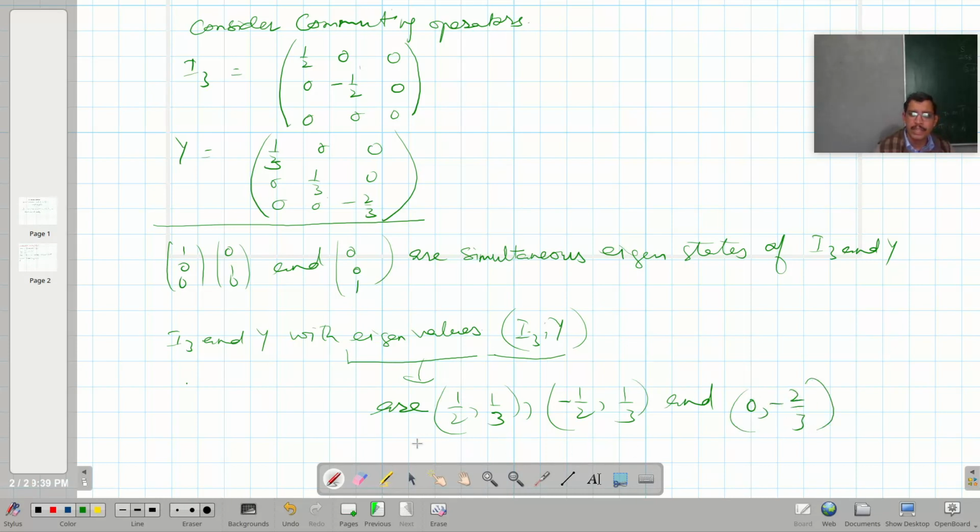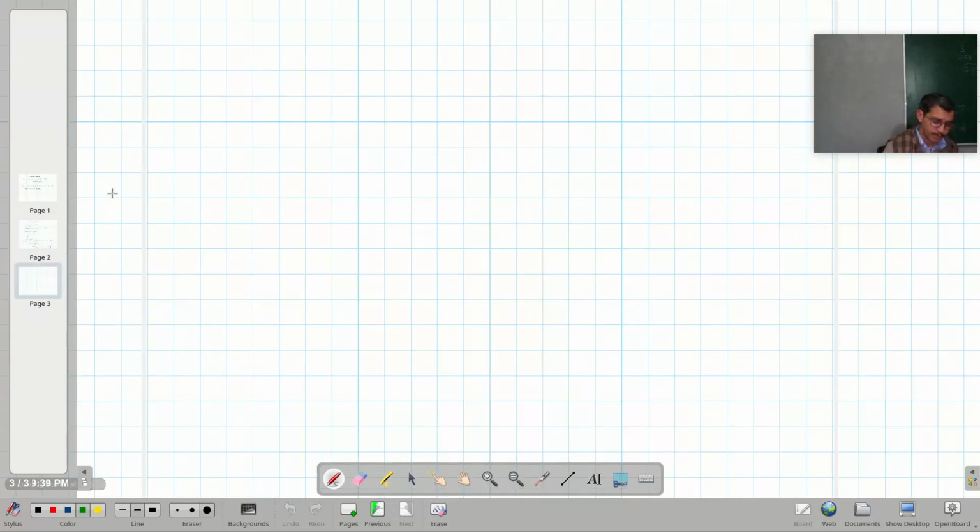So these are the eigenvalues and these are the eigenvectors, right? Let us understand this diagrammatically. The eigenvalues are 1 by 2 comma 1 by 3, minus 1 by 2 comma 1 by 3, and 0 comma minus 2 by 3. So these are the three eigenvalues.